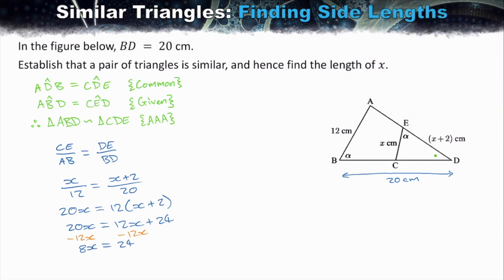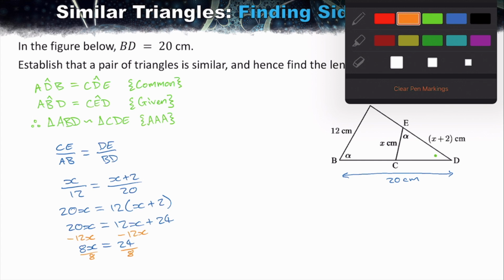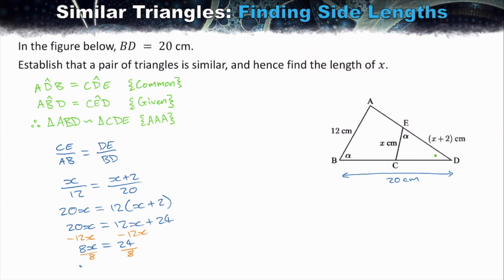Finally, I need to divide both sides by 8 to find my answer. I find that my x value is 24 divided by 8, which is 3 centimeters. So that means the side length CE is 3 centimeters, which is what I've been asked to find.